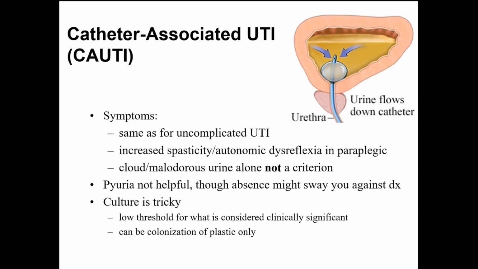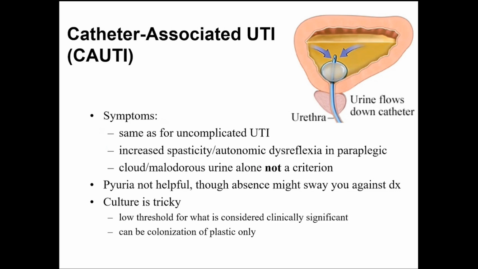Many people are tempted to diagnose UTIs in these patients because the urine itself is cloudy or in some way malodorous. It's important to note this is really not a criterion for diagnosing UTI. It gets tricky with catheter-associated UTI. The presence of white blood cells or pyuria in the urine is not always helpful. As you imagine, the catheter itself can irritate the bladder and incite an inflammatory response.